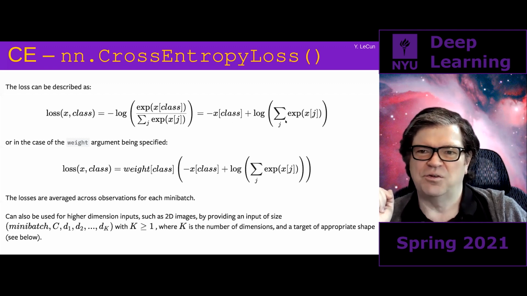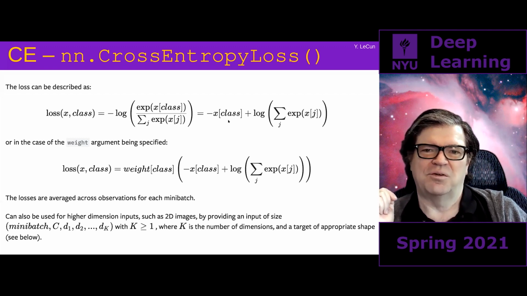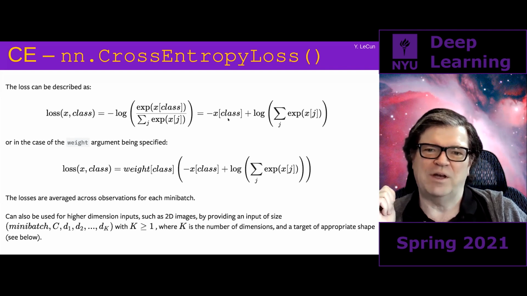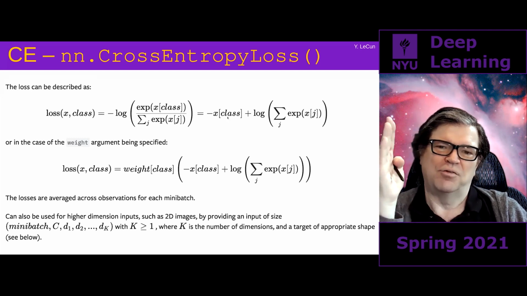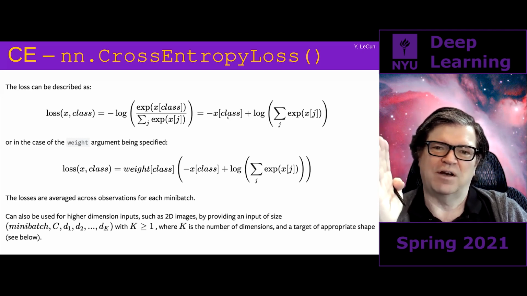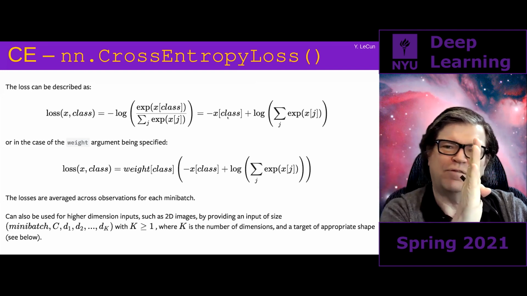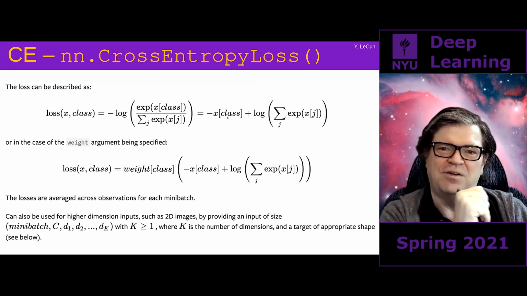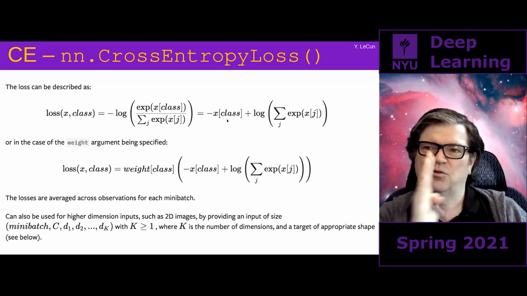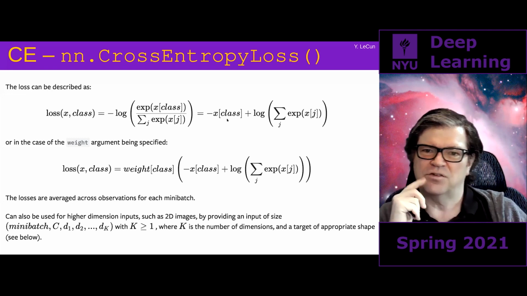The reason this is interesting to look at is because this is the gradient you get when you backpropagate the gradient of a negative log likelihood loss through a log softmax. This is the kind of gradient you get with respect to whatever variables enter the softmax.